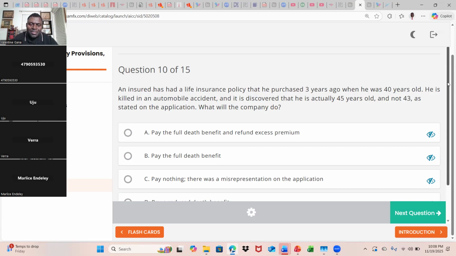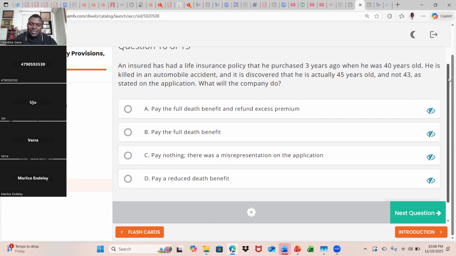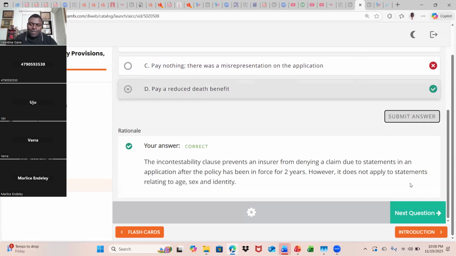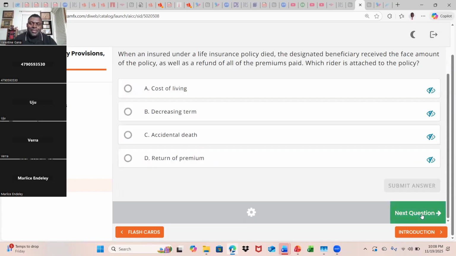They will just give what is appropriate for his age. Okay, pay a reduced benefit. That will be T. I think they will reduce it to what is his age. Correct. You heard very right.